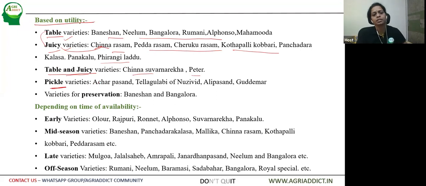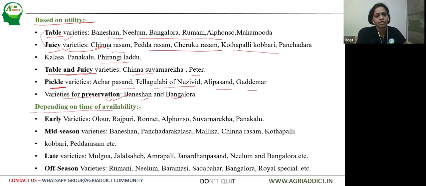I've been telling you pickle is an important preservative material for mango. That is Achari Pasan, Telagulabi, then Ali Pasan and so on. Then the varieties for preservation are Baneshan and Bangalore. So you can preserve them into different products. Almost most of the table varieties and some pickle varieties can be preserved into different products.